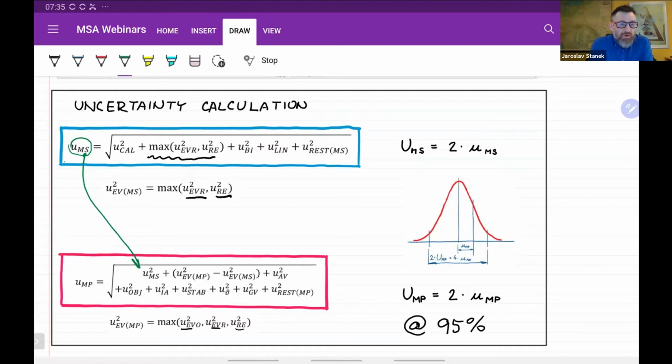All right, so this is the standard uncertainty with the little u, and they are then being expanded to a number which we can actually use.